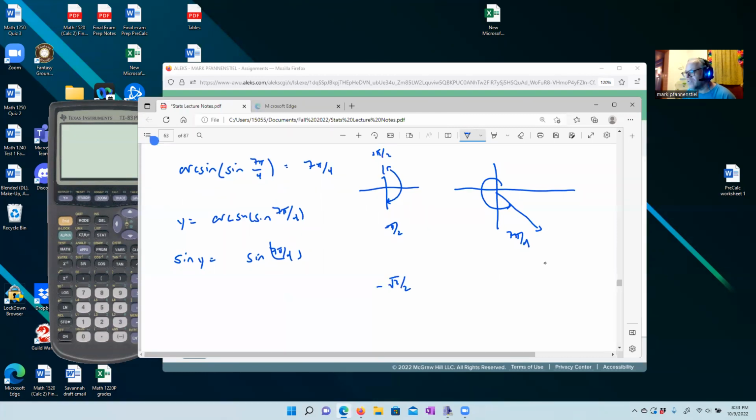So the sine of 7 pi over 4 is negative root 2 over 2. If I want the arc sine of negative root 2 over 2, that's going to give us back negative pi over 4.